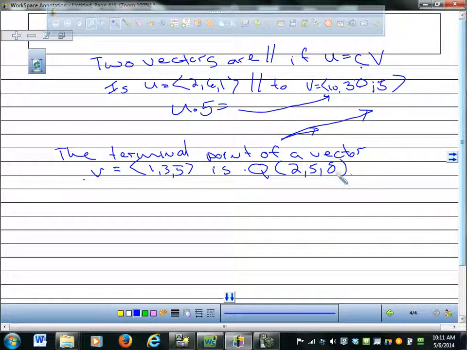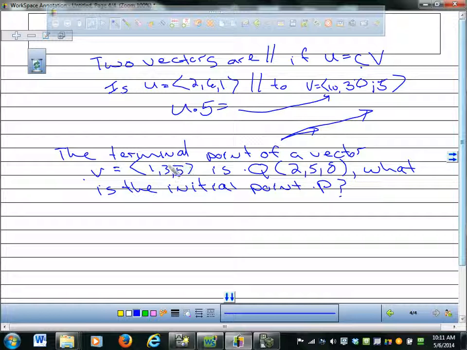What is the initial point? Would you be able to tell me how to do that? We'll call the initial point P. What's the initial point P?